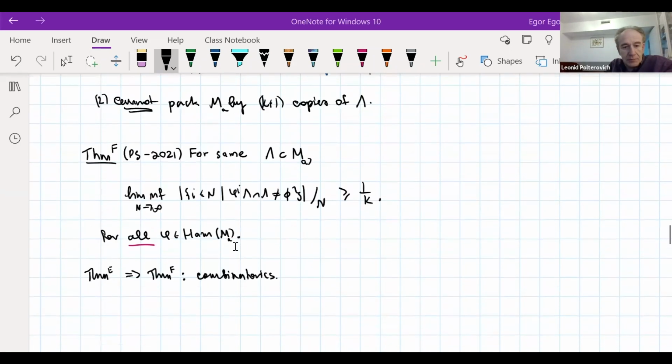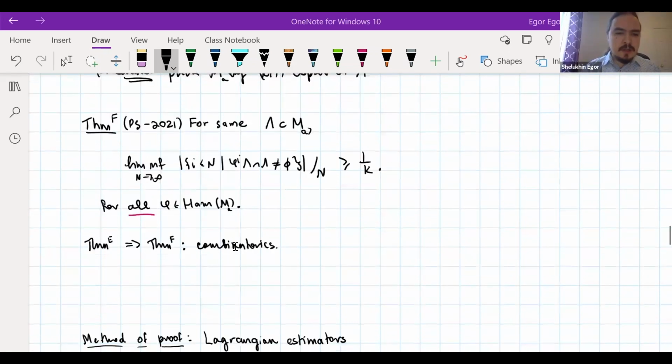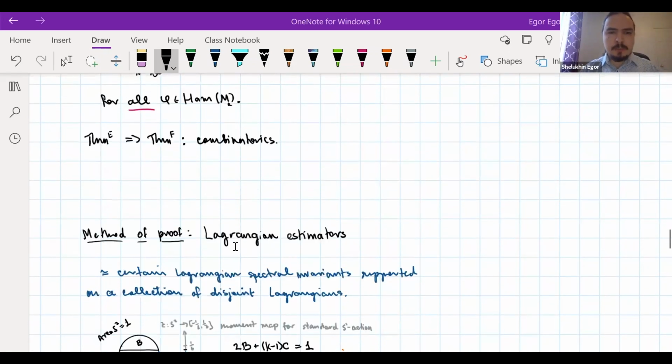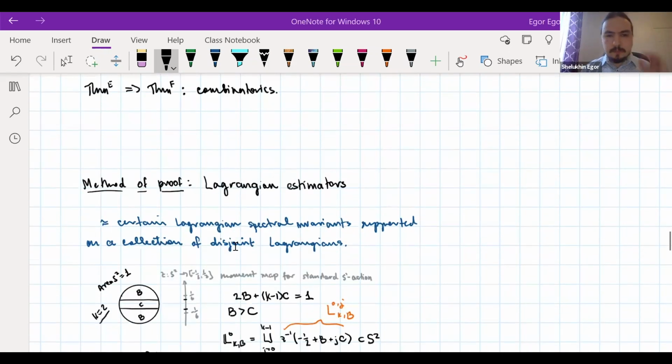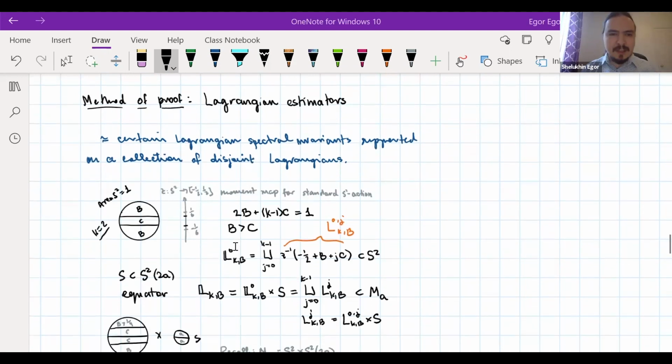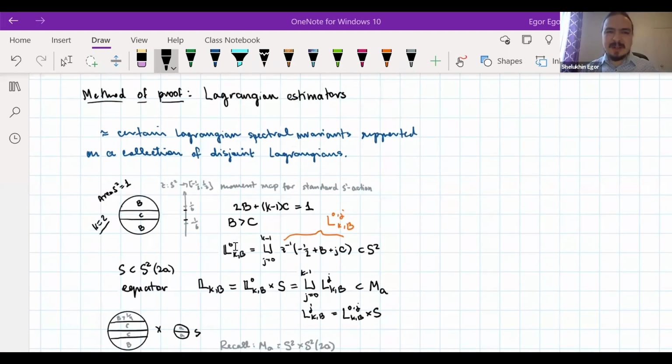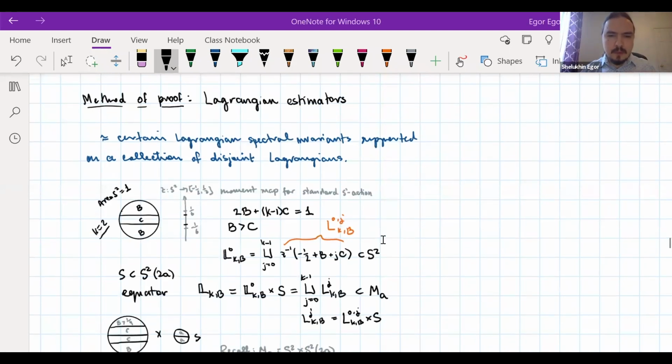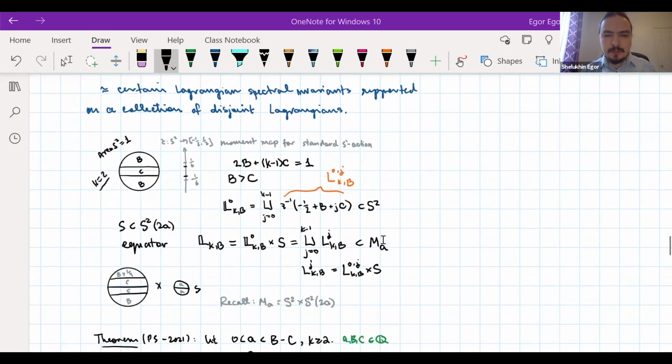Okay. So now just a little bit about the method of proof. Here I will specify the particular configurations of Lagrangians that we use. We will study Lagrangian estimators, which are a certain type of Lagrangian spectral invariants that are supported on these joint Lagrangians.